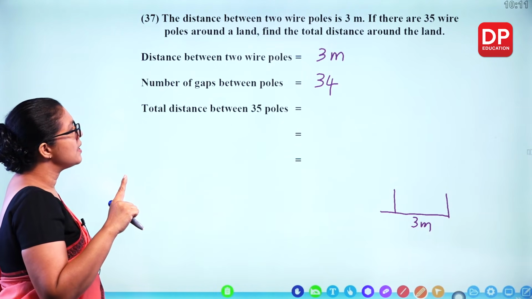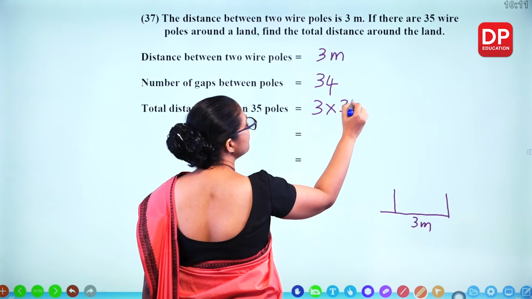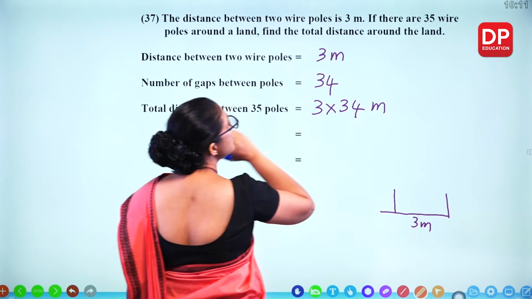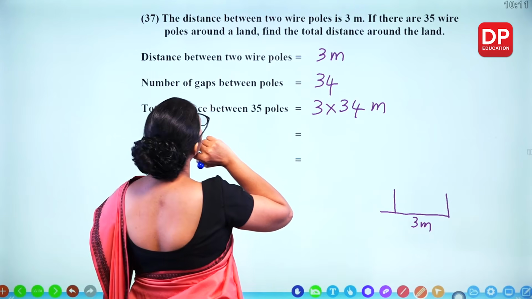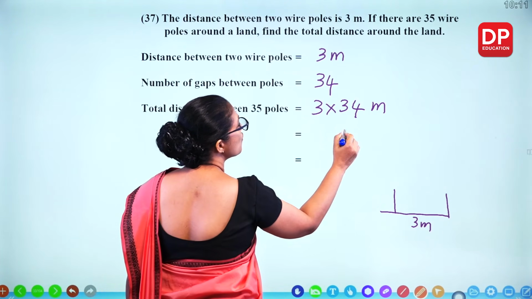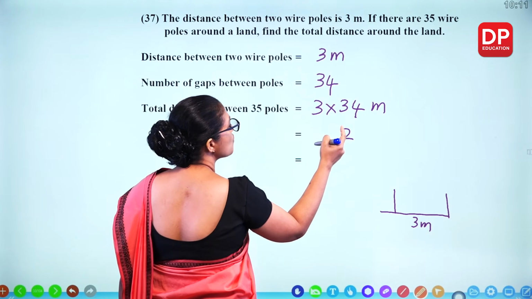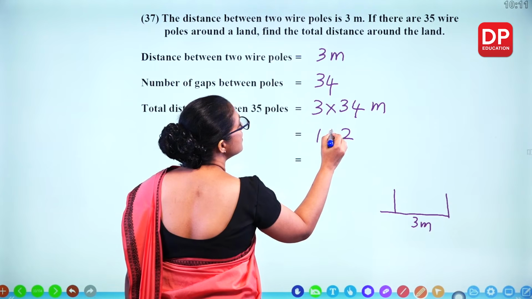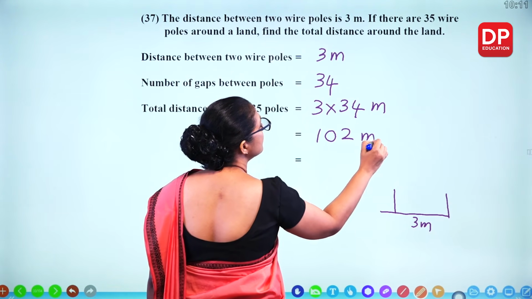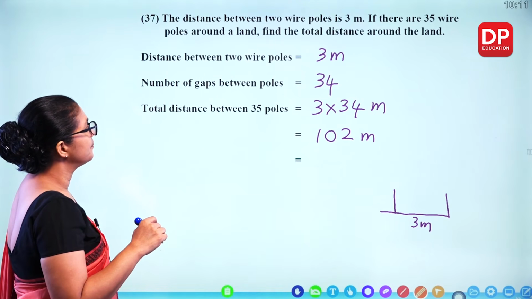Total distance between 35 poles is 3 times 34. That's in meters. So we can find out, multiply this, 3 times 4, 12, 1 remaining. 3 times 3, 9 plus 1, 10. 102 meters.